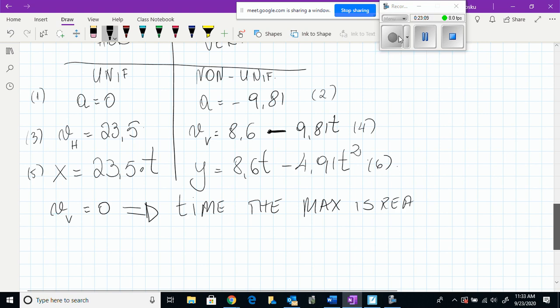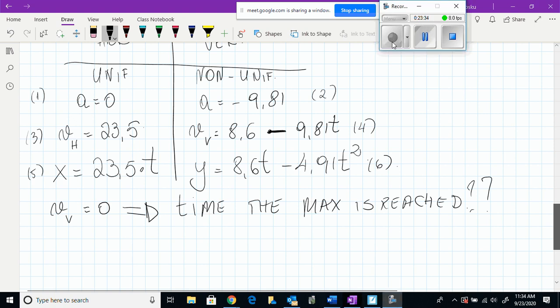So when I'm asking you what time the maximum is reached, or at what time the vertical velocity is equal to 0, you will take a look at those 6 equations and say, which equation do I have to use to find that time? And I want some answers here.